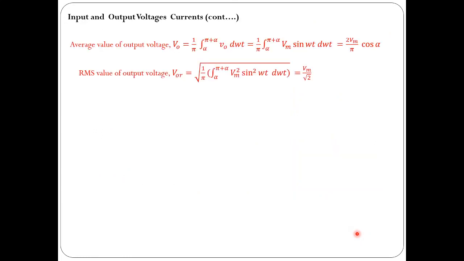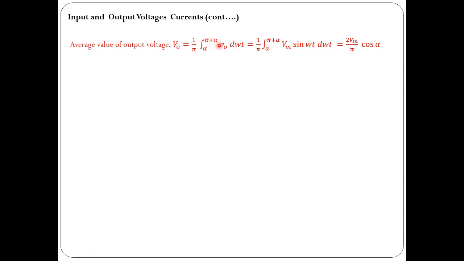For the average value of output voltage, indicated by V0, this is the formula: integrate V0 over one period of the output voltage, one cycle of the output voltage, divided by the angle to complete one cycle of the output. Now we know the frequency of the output is double that of the input. So instead of considering omega t ranging from 0 to 2 pi or alpha to 2 pi plus alpha, we will consider only alpha to pi plus alpha.